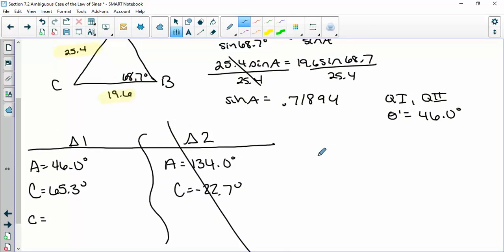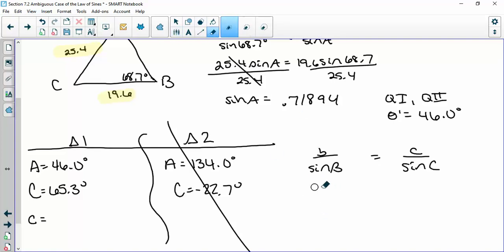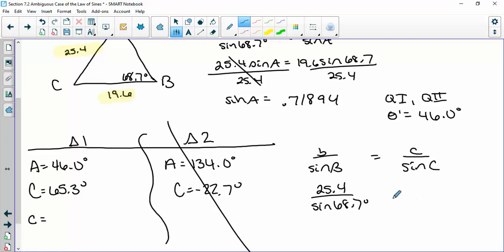So I'm going to do B over sine B equals C over sine C. So side B was 25.4 divided by the sine of 68.7 equals side C, which we don't know, divided by the sine of angle C, which we got to be 65.3.